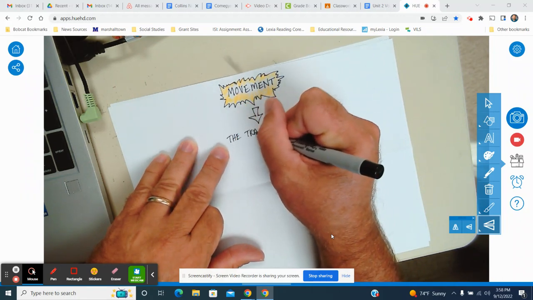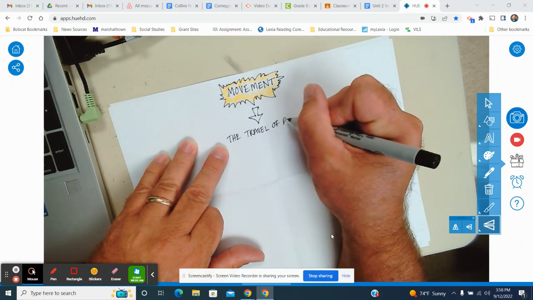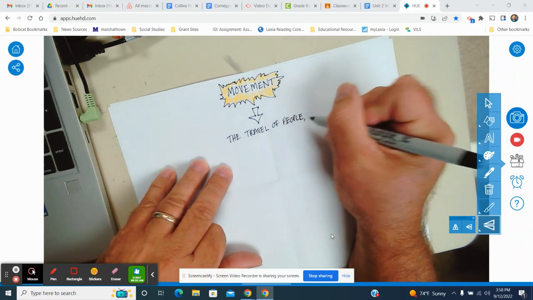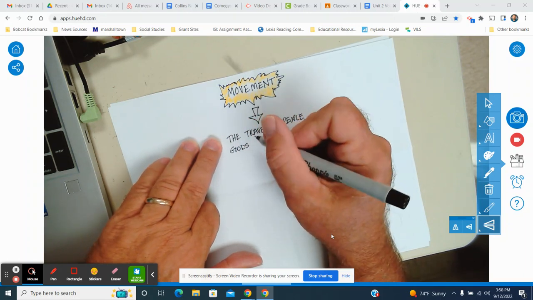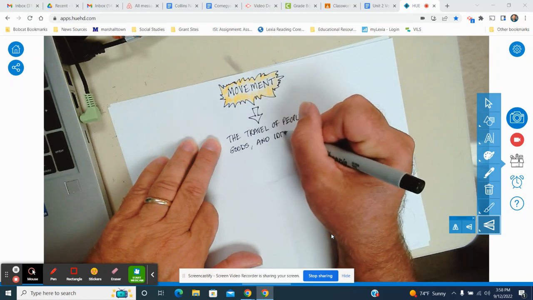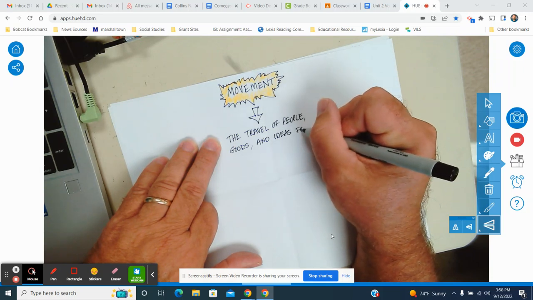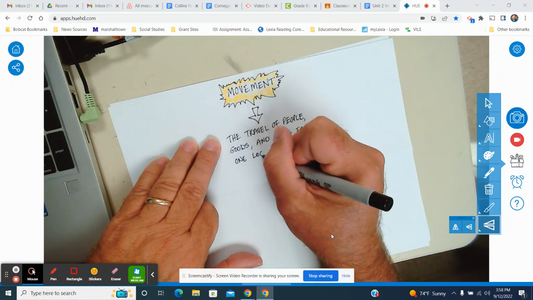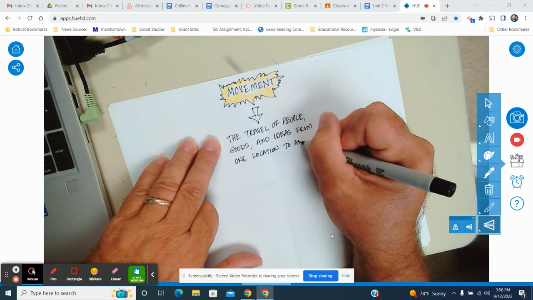It's the travel of people, goods, and ideas from one location to another.